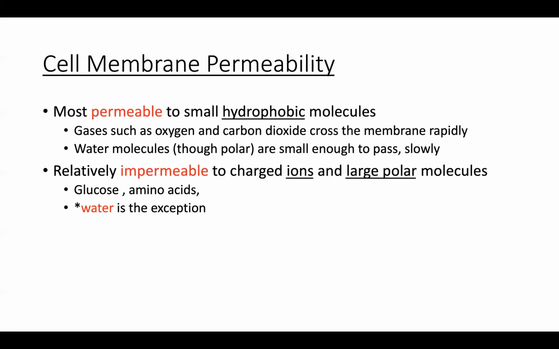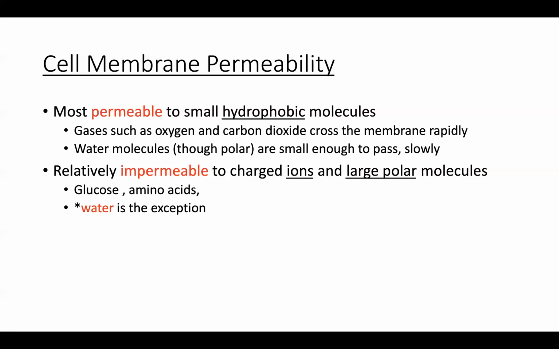The membrane though, in contrast, is going to be relatively impermeable, meaning it's not going to allow for these substances to pass through too easily. It's going to be relatively impermeable to larger charged polar molecules, all right, such as sugars, glucose, amino acids.